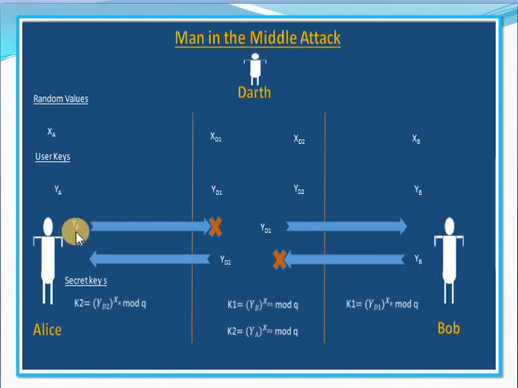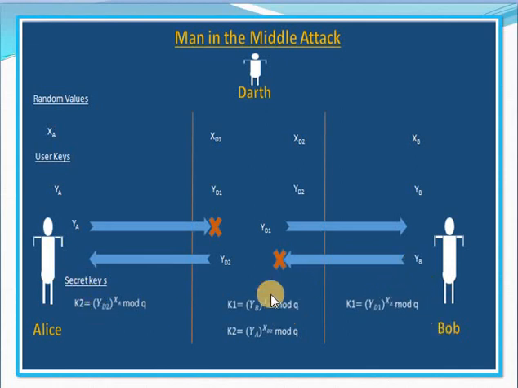And now YA should be transmitted to actual B, but that was stopped in the middle, modified and given to user B. And actually user B wants to send YB to user A, but again that was stopped in the middle, changed, and the changed value is sent to user A. Now user A generates his secret key, user B generates his secret key.